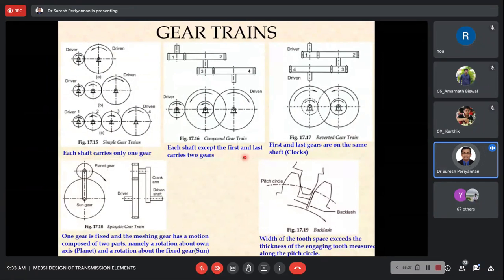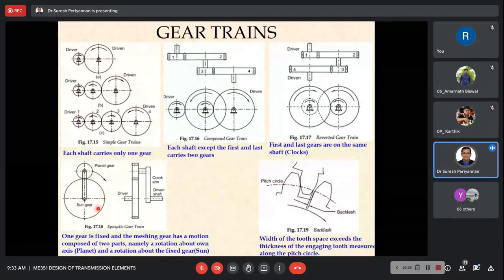Each shaft except the first and last, that is the input or driver shaft and the driven shaft, carries one gear or one pinion, but the intermediate shaft is connected with at least two gears, or a combination of gear and pinion. Now this is the reverted gear train: first and last gears are on the same shaft, but each shaft has more than one gear.